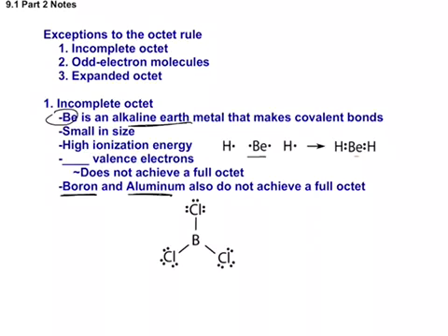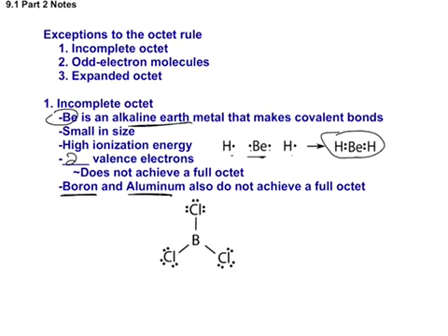Beryllium has 2 valence electrons, and so when hydrogen bonds to it, the 2 hydrogen atoms can just fill the 2 openings right there, and that compound will be satisfied, even though beryllium doesn't have 8 electrons. Boron and aluminum also can play by this rule and not achieve a full octet.